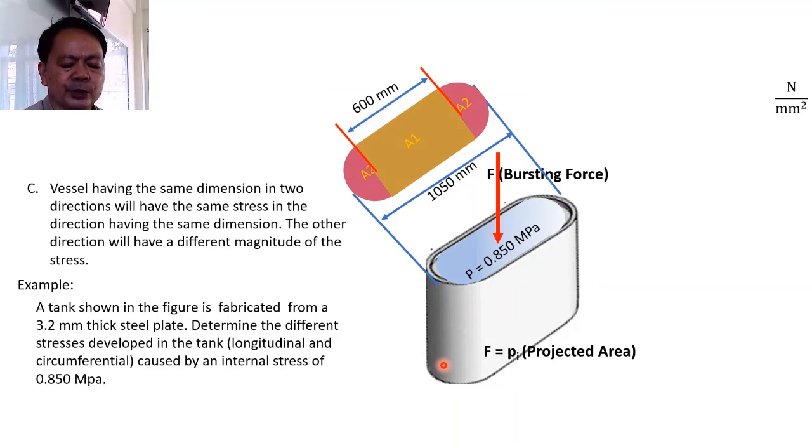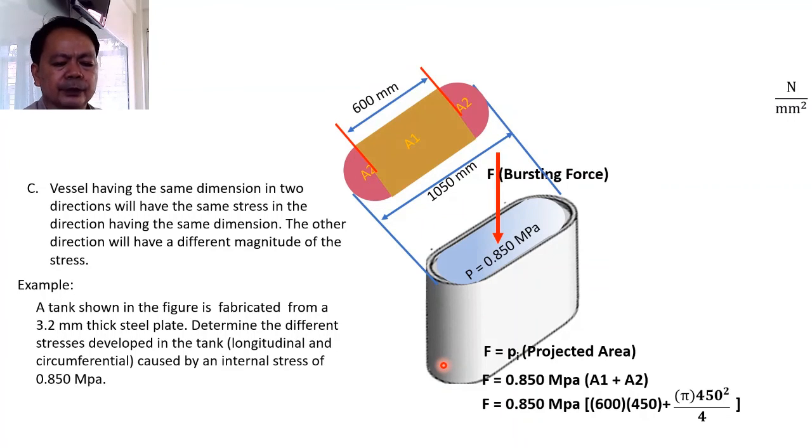So when we simplify that, the force is equal to 0.85 multiplied by the sum of A1 and A2. When we substitute the values, you have 600 multiplied by 450, which is the rectangular part, whereas pi times 450 squared over 4 is the sum of the two A2s at the ends of the rectangle, which is actually in the form of a circle.